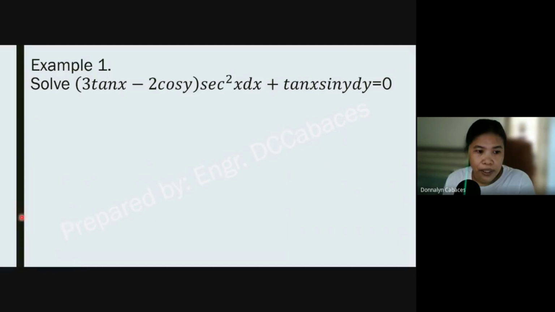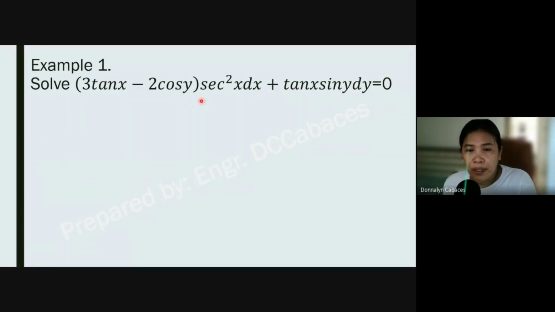As you notice here, looking at the terms of the differential equation, you have tangent x, cosine y, secant squared x, tangent x, and sine y. We have tangent x and it is related to secant squared x dx in a manner that the derivative of tangent is secant squared x. Or maybe we can also try cosine y and its derivative, sine y dy.